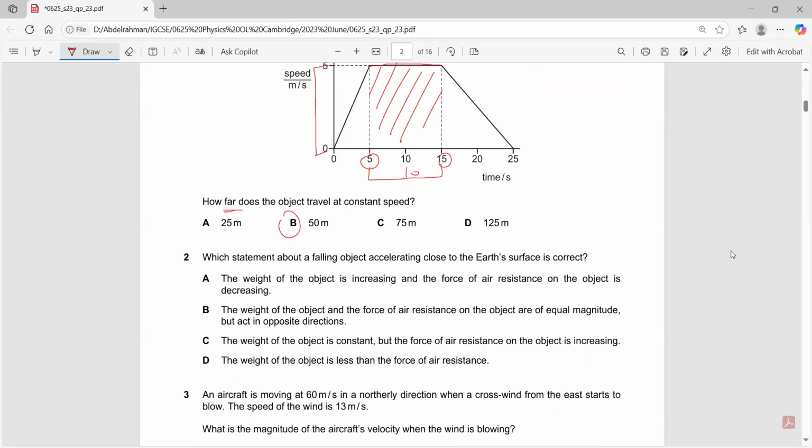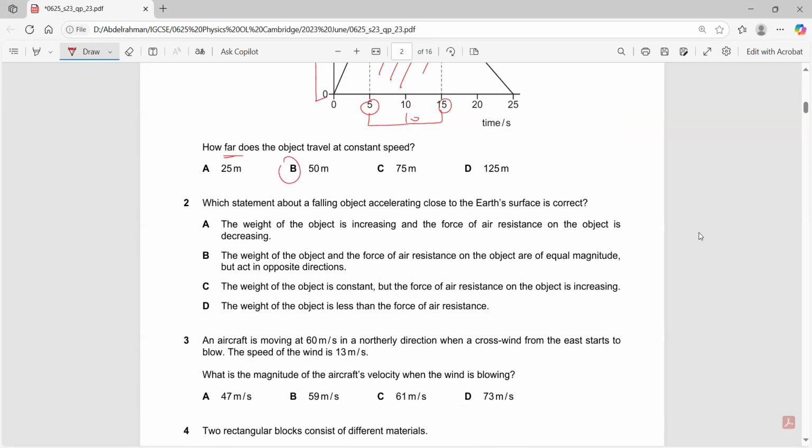Which statement about a falling object accelerating close to Earth's surface is correct? The weight of the object is increasing. Is the weight increasing? No, the weight is constant, right? The weight is constant. The resistive force is increasing because of the air resistance. The weight of the object and the force of the air resistance are equal magnitude but in opposite directions. When is the weight equal to the air resistance?